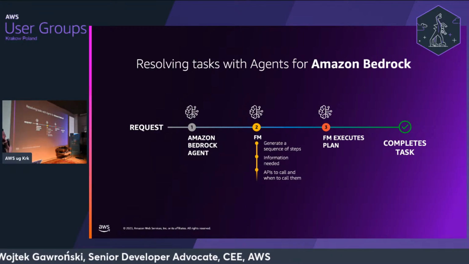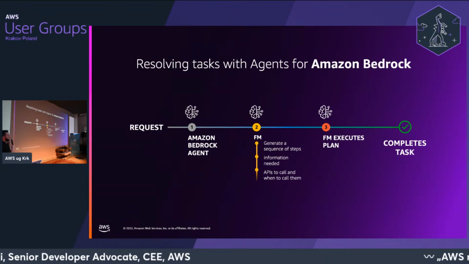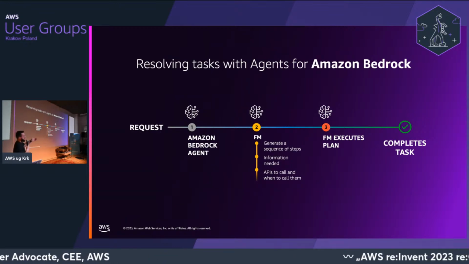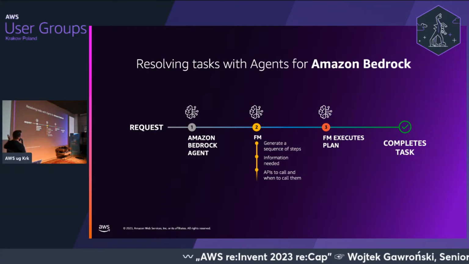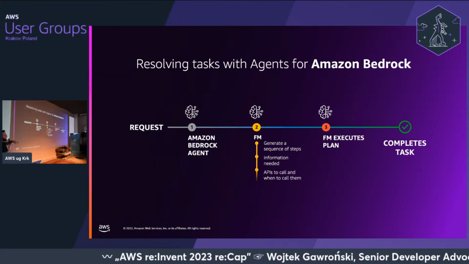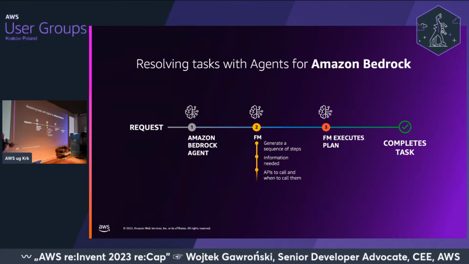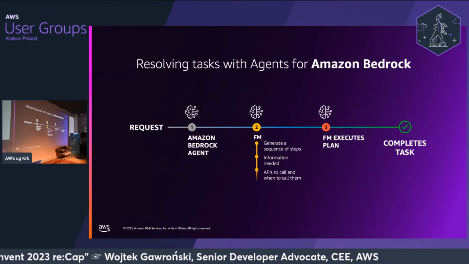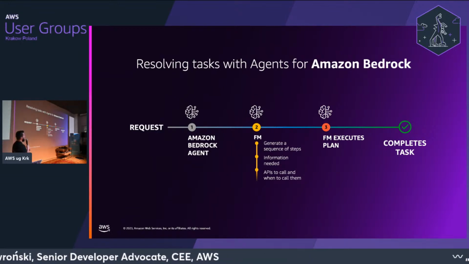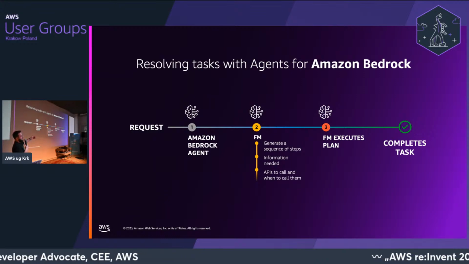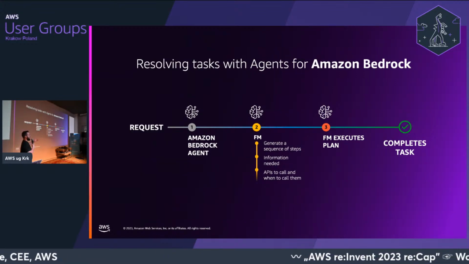So imagine that you are writing a chatbot that reserves hotels or trips for you. And every single time that you are entering natural language, like I would like to go to Paris with my wife on this particular date, and I don't want to spend more than $200 per night, it will generate the answer, but at the same time, it won't reserve the hotel as a result of this action.